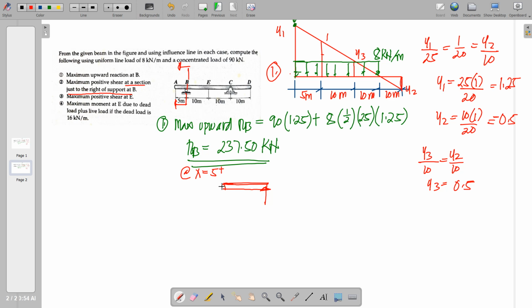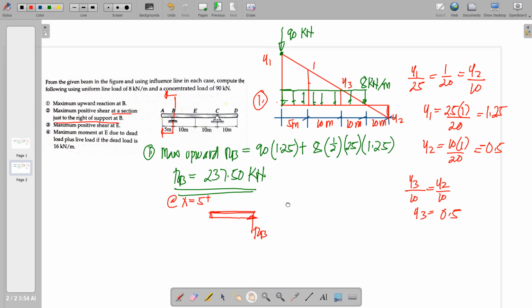Okay, so basically this is the reaction at B, and the reaction at B is a changing value, because the unit load is moving from A to D. So essentially we can use the influence line diagram for RB.